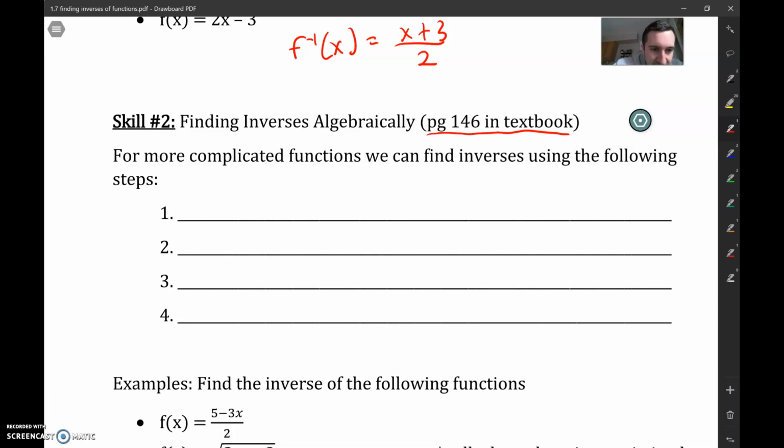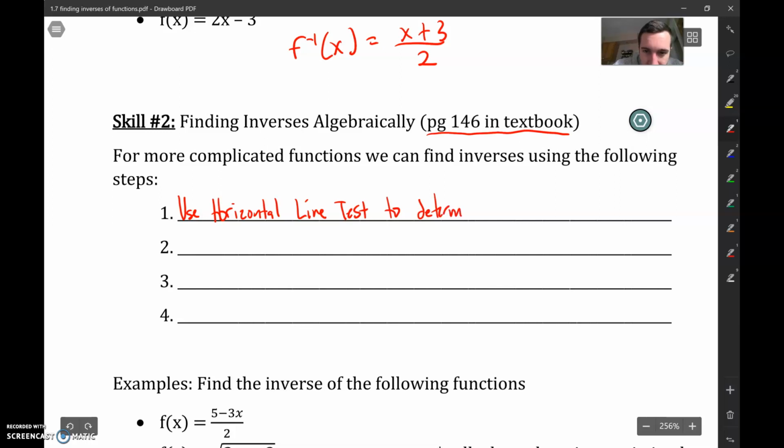The first thing is we are going to use the horizontal line test to determine if an inverse exists.